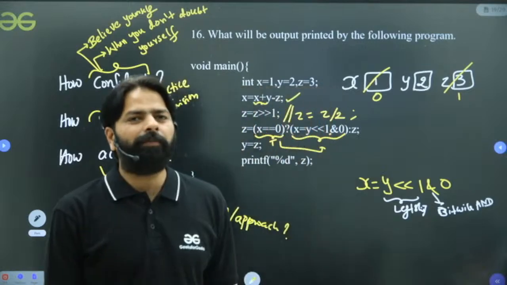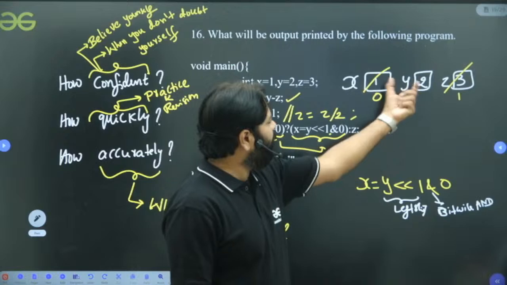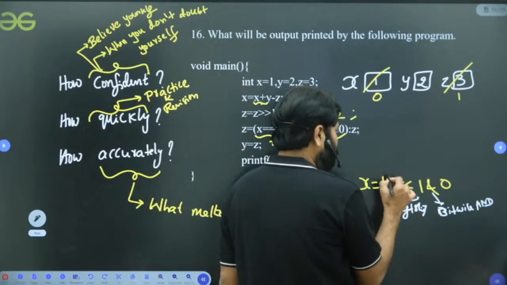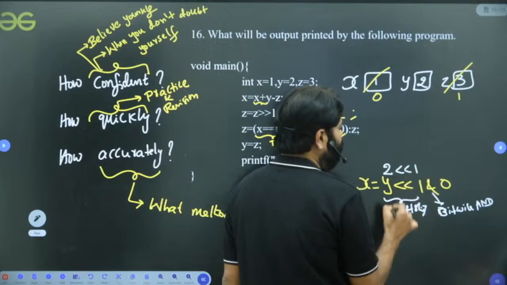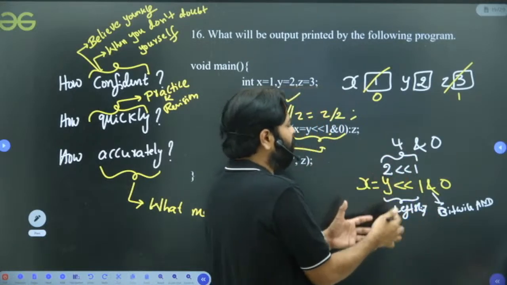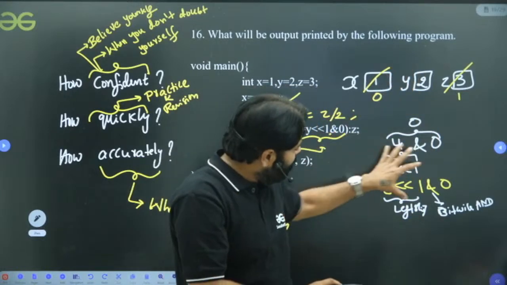Bitwise left shift or bitwise and? Left shift is more. So when you do y left shift, it will multiply with 2, which will become 4, right? This is 2 left shift with 1. This will become 4. 4 and 0, you understood, right? It's 0 only.